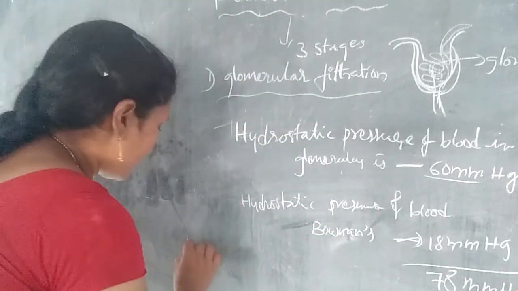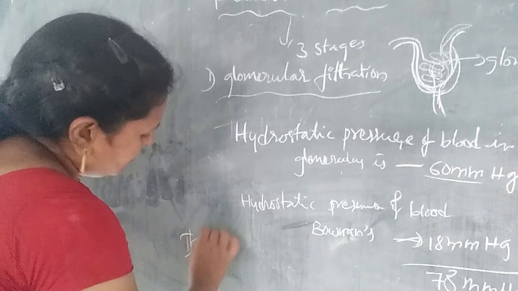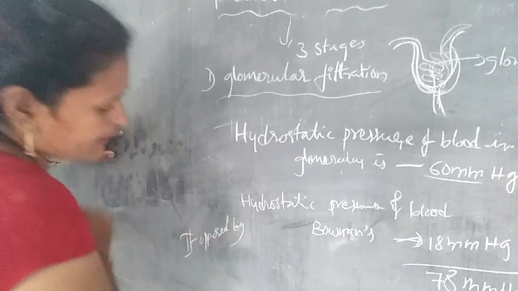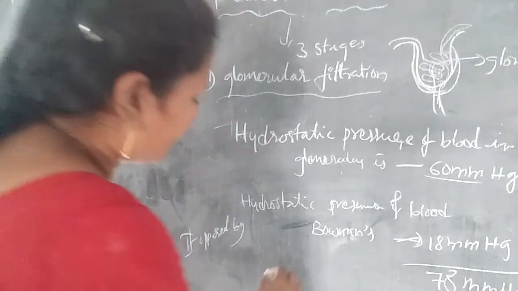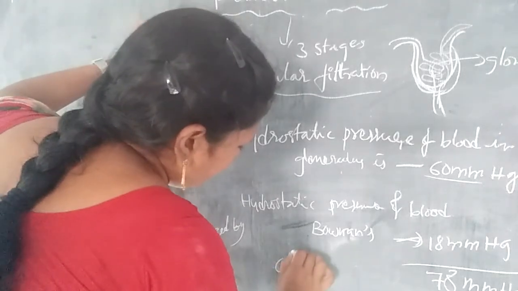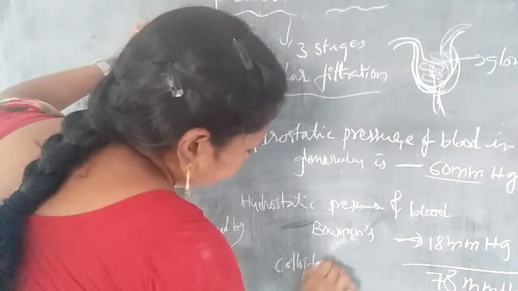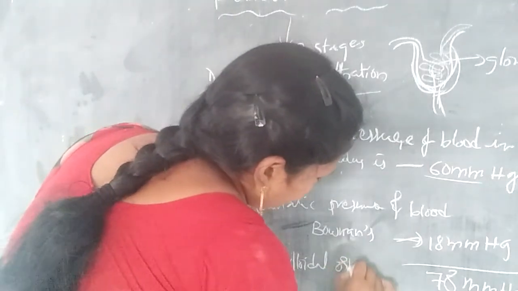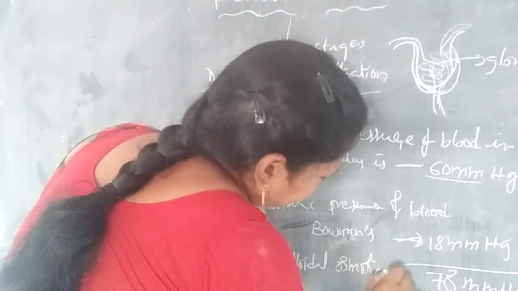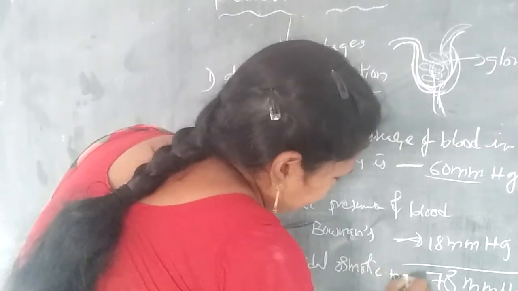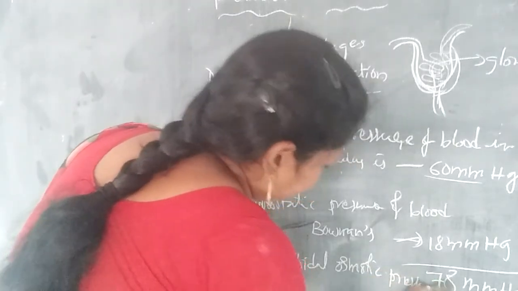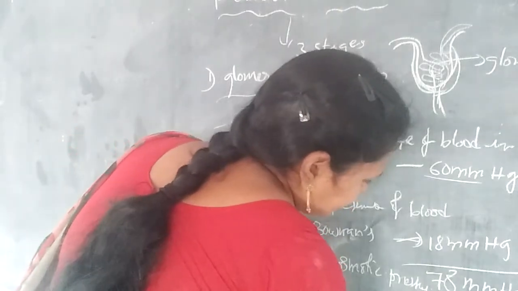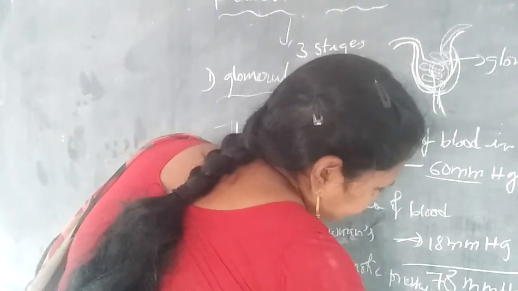And it is opposed by the colloidal osmotic pressure, which is minus 32 mmHg.